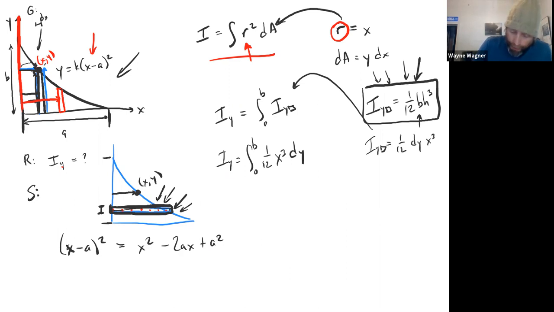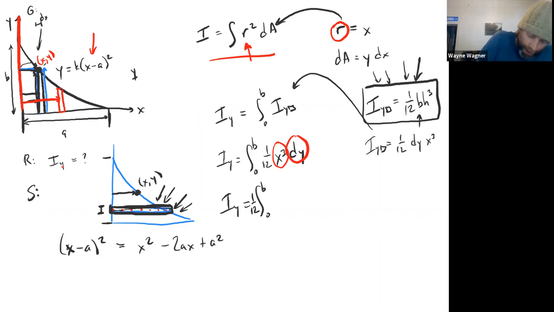So if we solve this, we get Iy equals the integral from b to 0, well, let's pull that 1/12 out front because we don't want to fiddle with that. But again, we've got a y here and an x here. So, oh, now this is where this one gets ugly, and maybe we'll stop it here. Because what we would have to do is solve this equation right here for y.